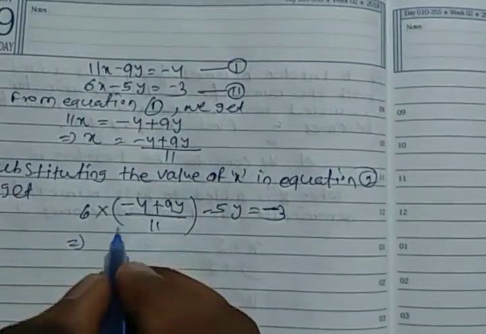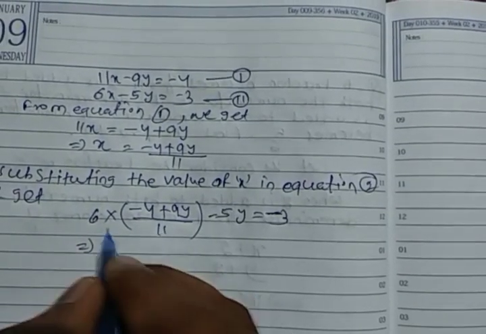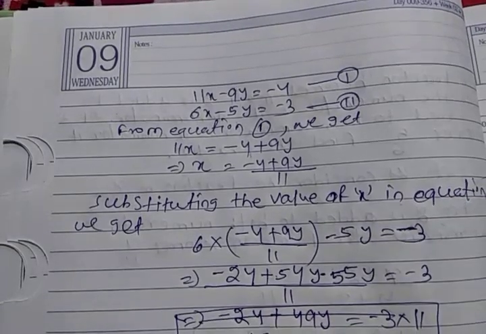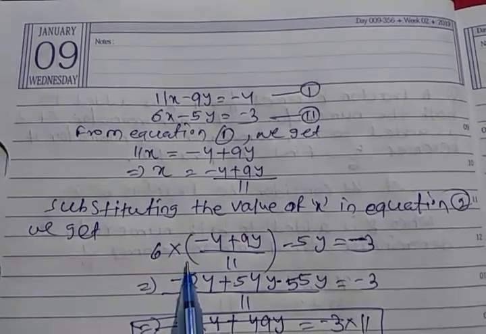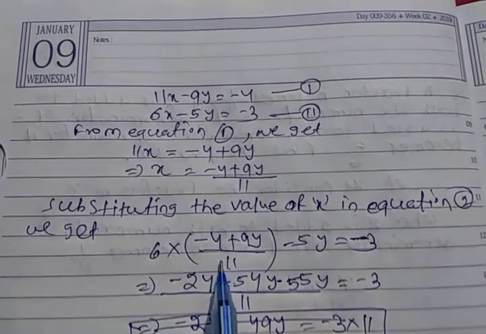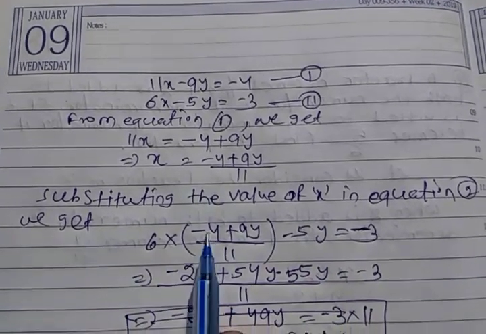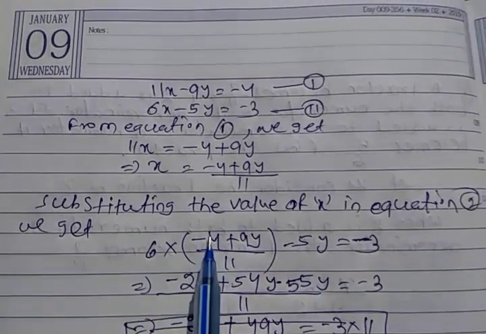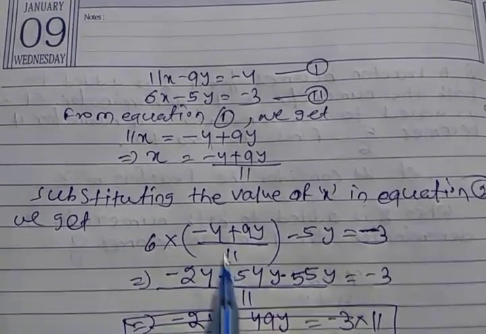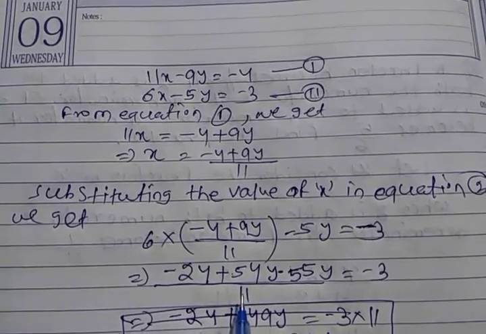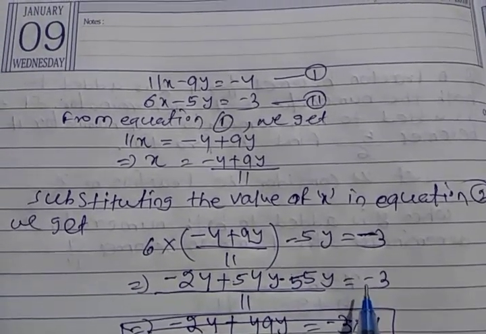Then we multiply, because the 6 and the denominator can't cancel. We have to multiply 6 with the numerator: 6 into 4, minus 24, plus 6 into 9, 54y, divided by 11. When we take the LCM, 11 into 5 equals 55y, equals minus 3.